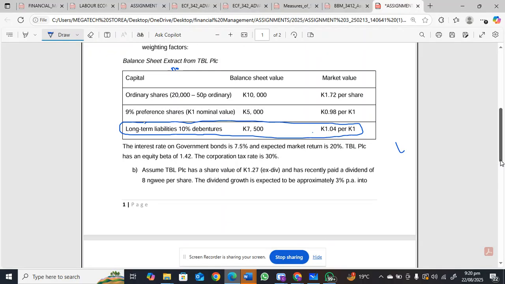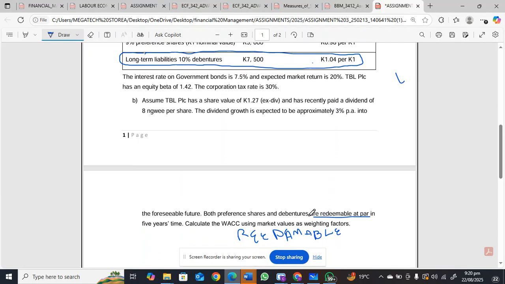They've told us in the question here, debentures are redeemable at par in 5 years' time. So since they've told us when the debentures are going to be redeemed, it's redeemable debt. If they do not mention that information in the question, then you're dealing with irredeemable debt.